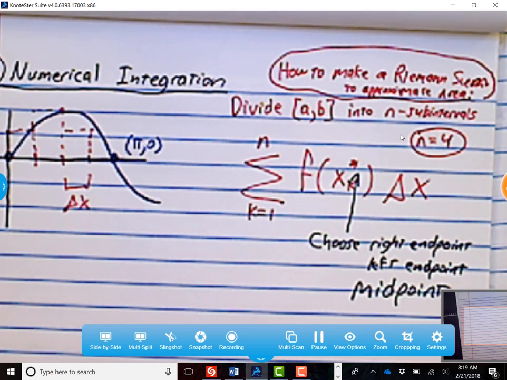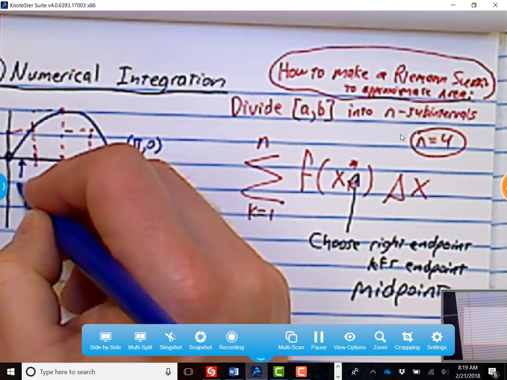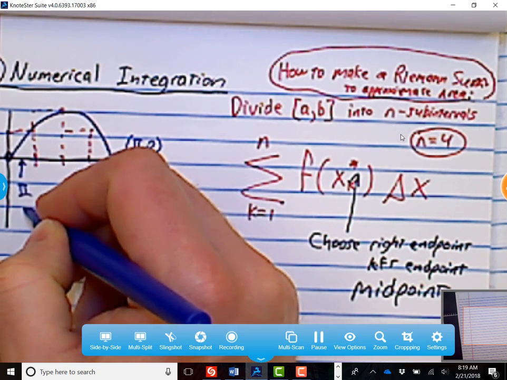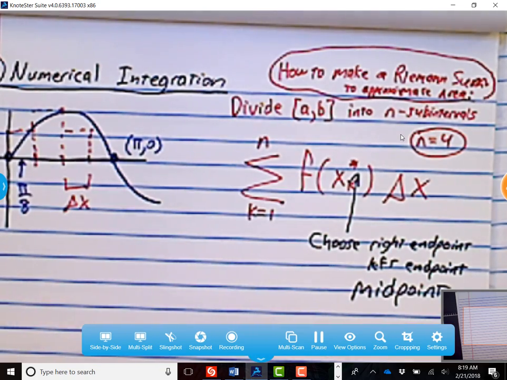Now, one interesting thing about choosing the midpoint, if you think about it, is that then you would need to know things like, so this would be pi over 8, right? And so this gets to be a little bit tricky.